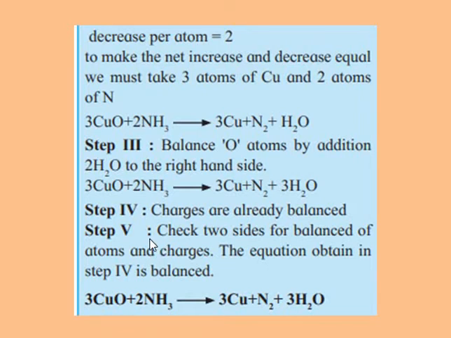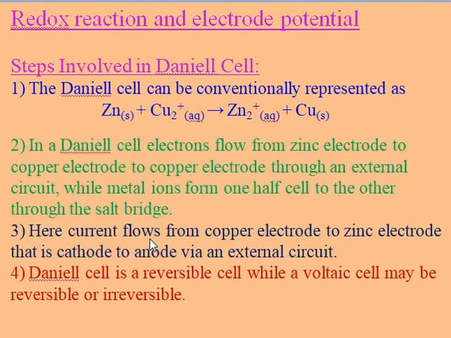The next most important point is redox reactions and electrode potentials. Redox reactions were already explained: oxidation and reduction reactions occur simultaneously in the reaction, and these reactions are called redox reactions. And electrode potential means the potential difference between the two electrodes, or the potential difference between the two half cells.